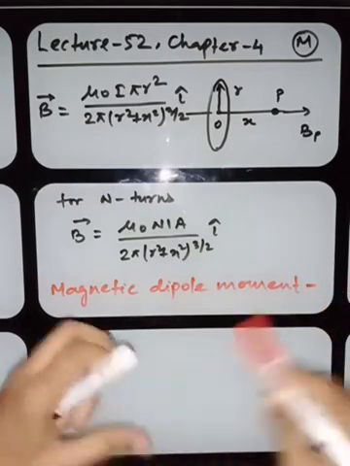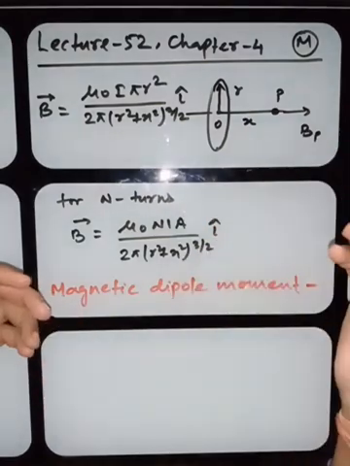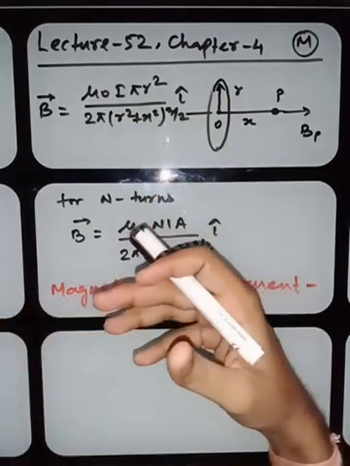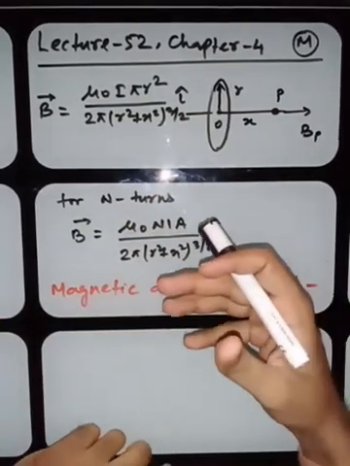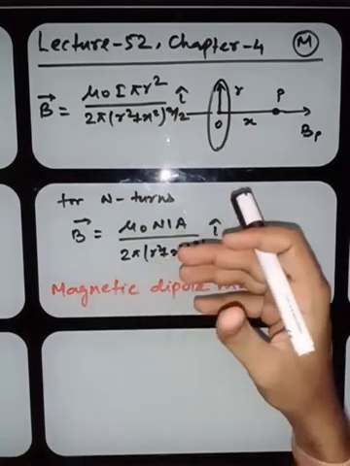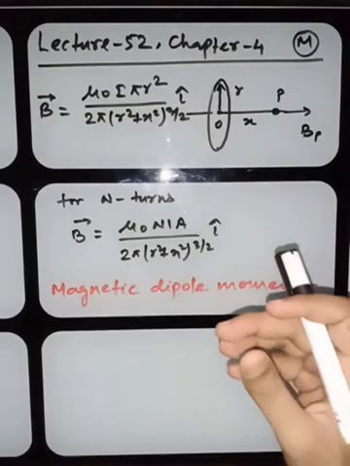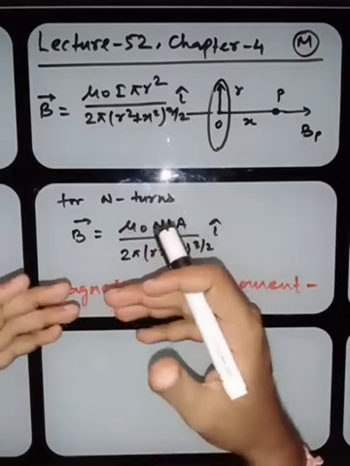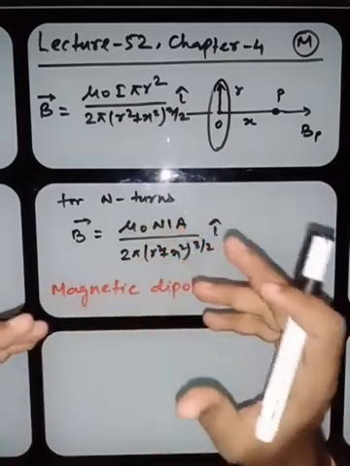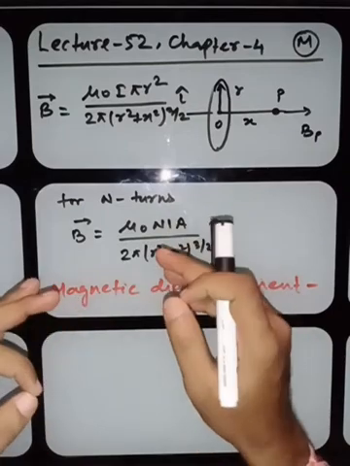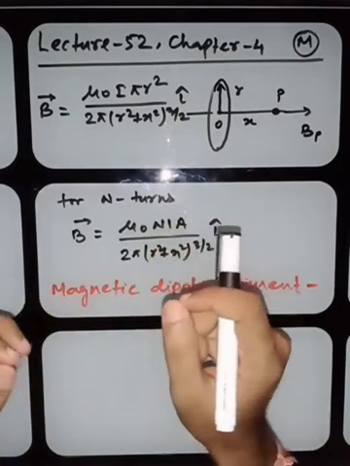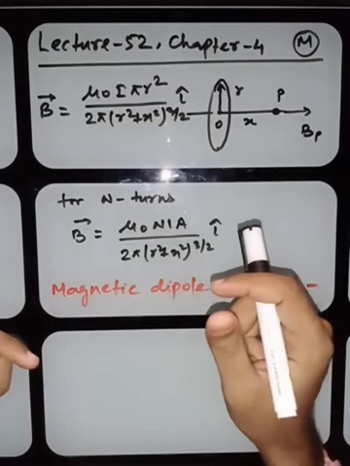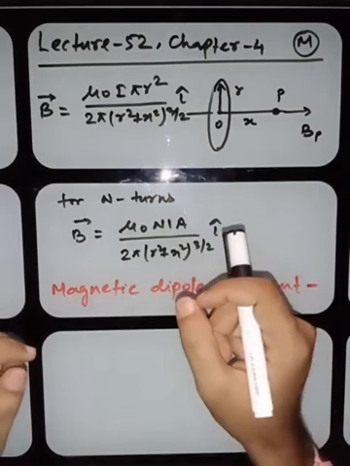My dear student, as we discussed the electric dipole moment, in which there are two charges of equal and opposite nature, in the same way in the magnetic dipole moment, the system has two poles of a magnet. Remember, every current carrying loop acts as a short bar magnet, and that's why it is considered a short dipole.